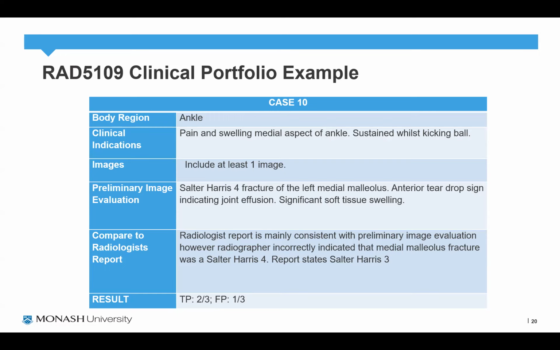However, where the radiographer said it's Salter-Harris type 4, the radiologist stated it's a Salter-Harris type 3. So there's a discrepancy there. And this is then when you use the fractions. So for this one, the fractions was true positive, 2/3, and false positive, 1/3. So work it out for yourself.